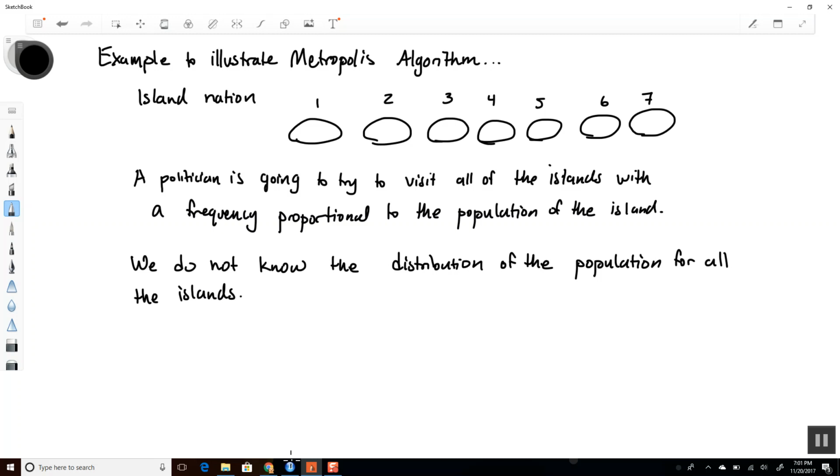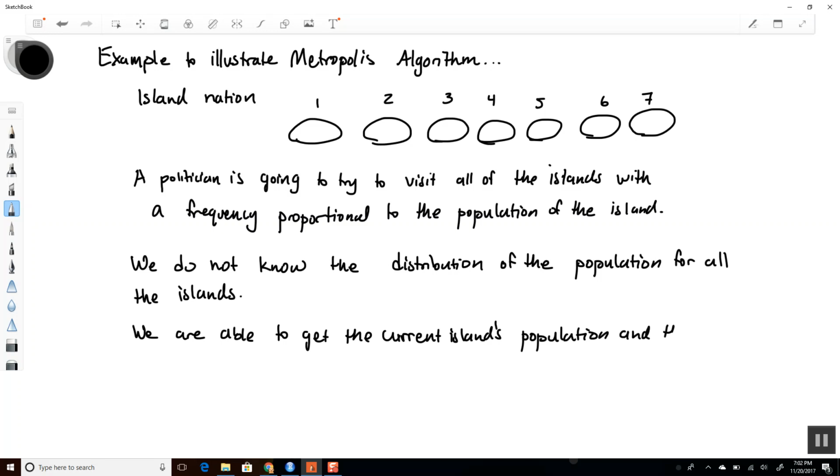Okay, what we are able to get is the current island's population, whatever island we are currently on, and the population of the immediately neighboring islands.